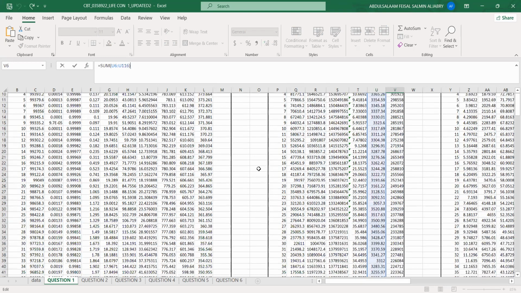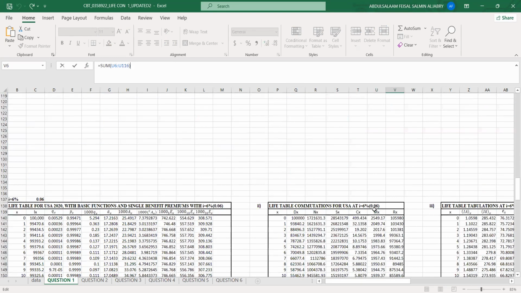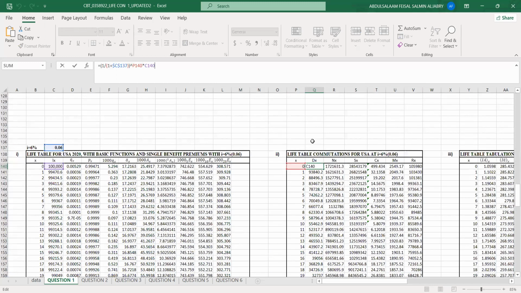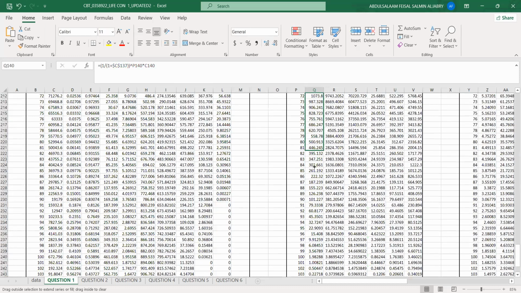Okay, now we have to do the same for I equals to 6%. Basically everything's just the same. The only difference is the I. As you can see here, my I is 0.06. The formulas are the ones I already showed you before. 1 plus I. I also put the dollar sign because I want the I to be fixed throughout the Dx calculation right here. Just press enter after that and drag all the way to 110.